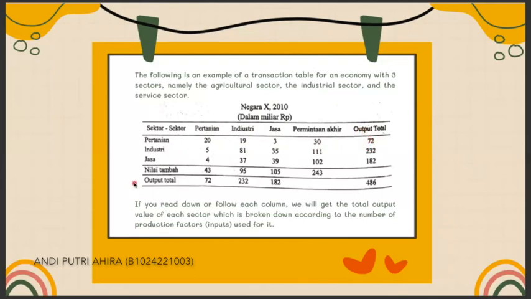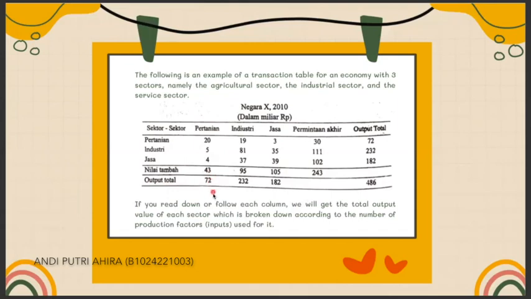If you read down or follow each column, we will get the total output value of each sector, which is broken down according to the production factors or inputs used for it. So for the first column, the total output value of the agricultural sector was 72, which I already showed you. How do we get the 72?